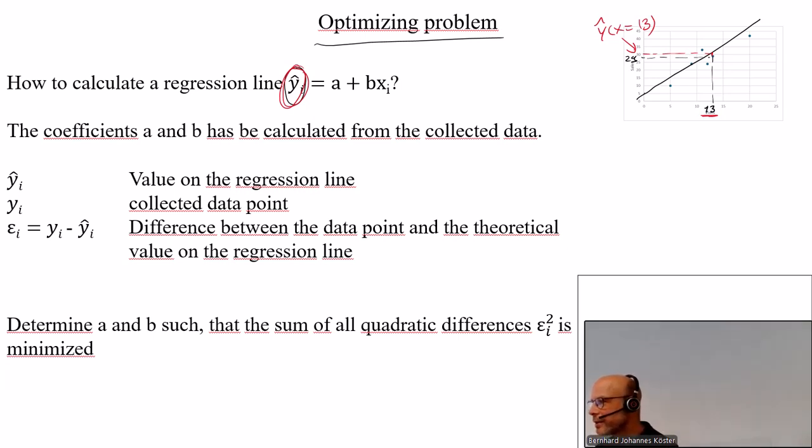actual point. So, in this case, maybe if this would be 30, then we can say the difference, so our error, is just 30 minus 29. Because then we are comparing, this is my data point, this is hypothetical. So this is the theory, and this is the data point.